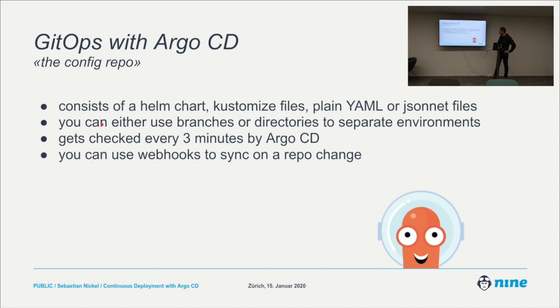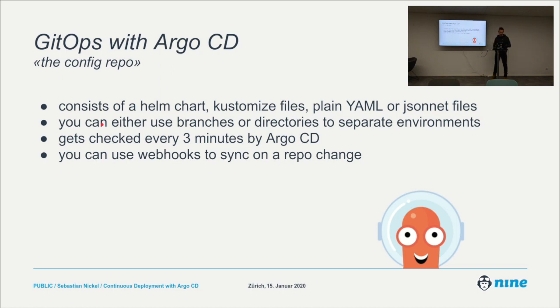And that's also something, we will see the configuration repo in a few minutes. You can either use branches or directories to separate the environments. So you have a config repo, right? And then you can either have a dev branch, a staging branch, and a production branch, and have your stuff inside there. Or you use directories and just have one branch.